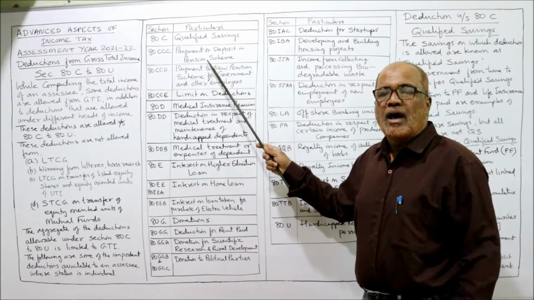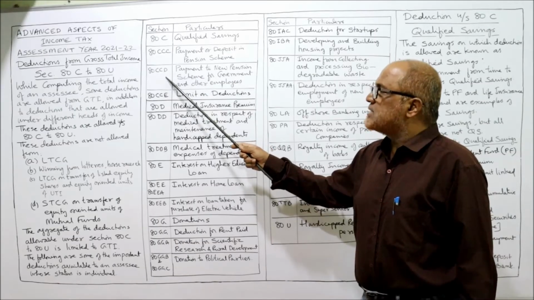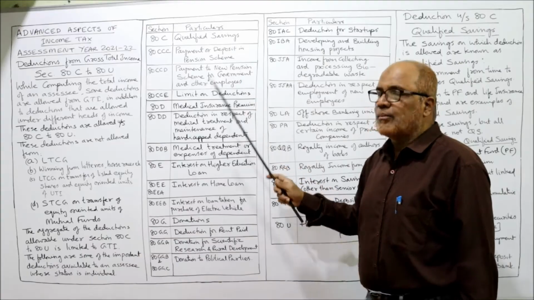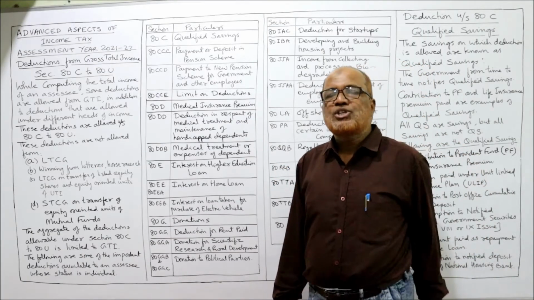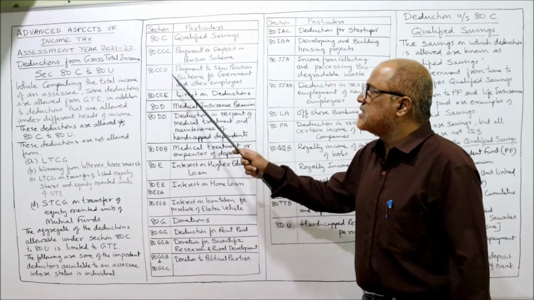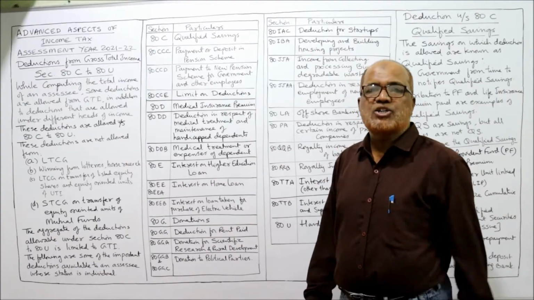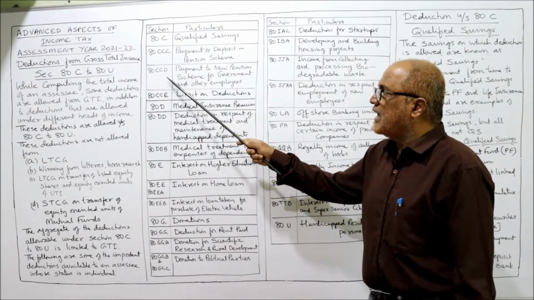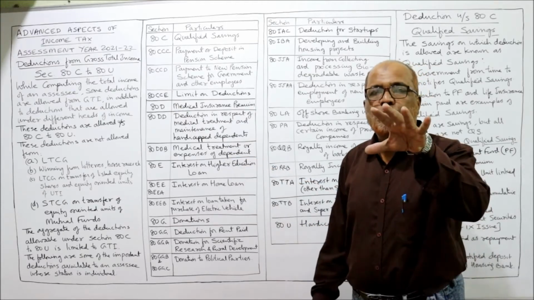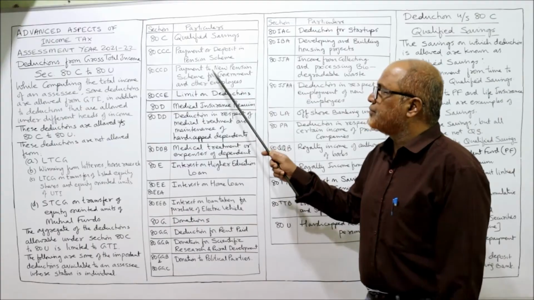If a person has deposited some amount in a pension scheme, 80CCC. 80CCD, payment to the new pension scheme, started by the government for government employees and other employees. 80CCE will limit the deductions for 80CCC and 80CCD, putting a restriction on the deduction.